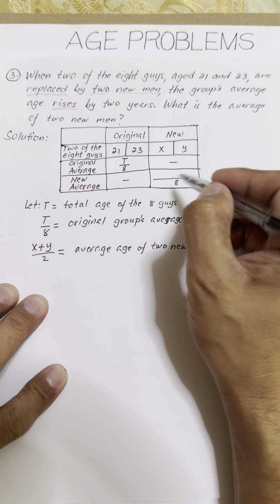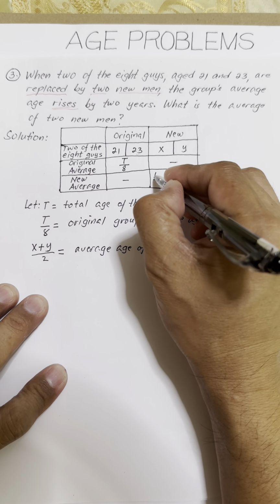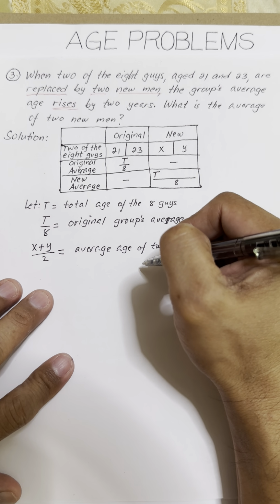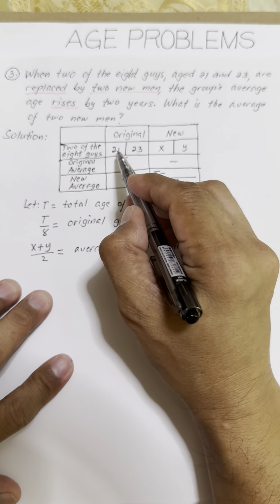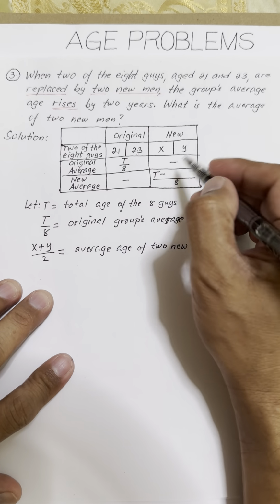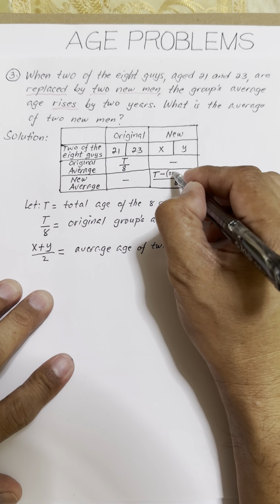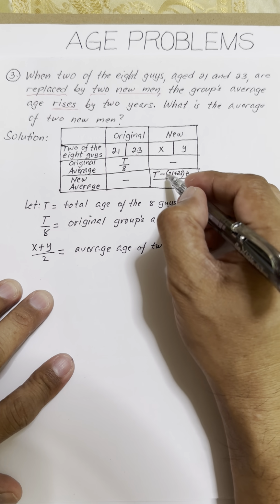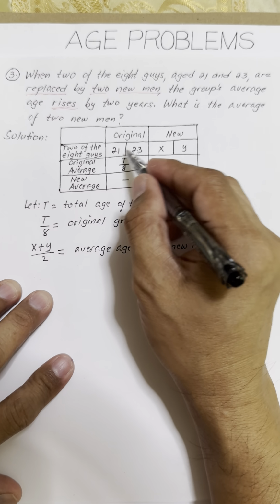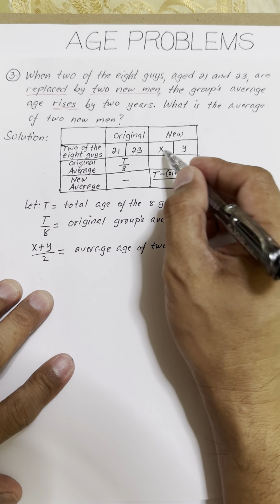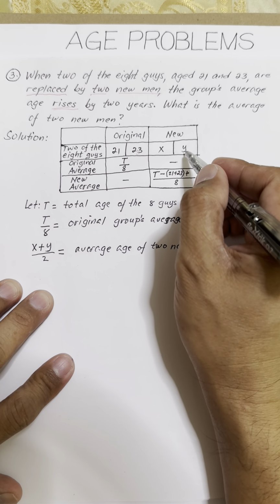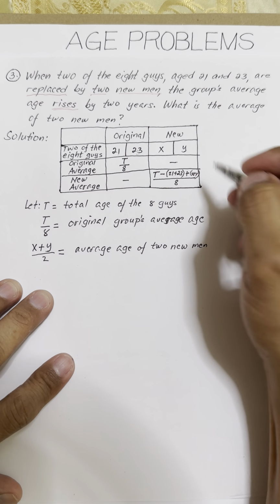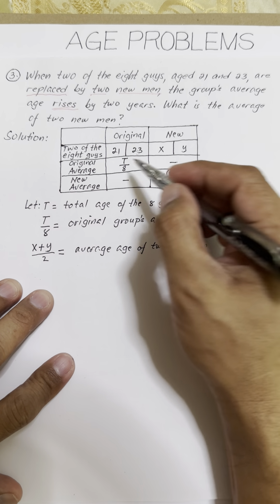So the expression becomes the total age minus the sum of the 2, which is 21 plus 23, then plus x plus y. This is now the new average, and this is the original average.